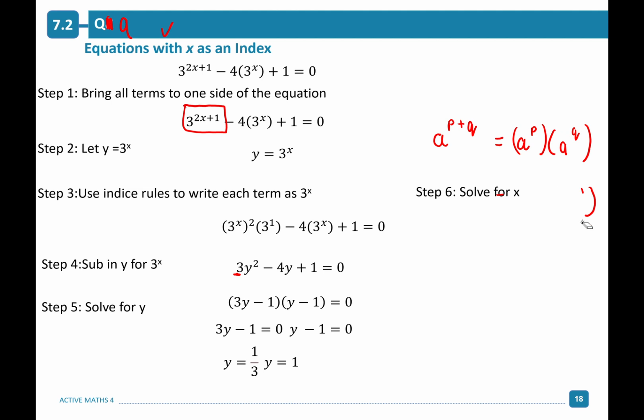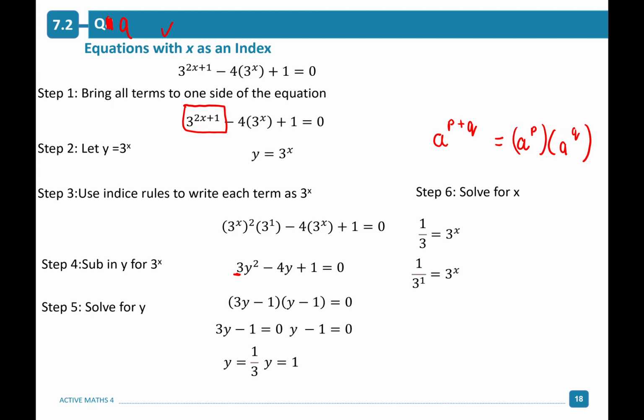So step 6, we must use our values of y to find x. y is equal to 3 to the power of x. So substituting in our values for y, we get 1 over 3 equals 3 to the power of x. To solve for x, we must have a common base. 1 over 3 is the same as 1 over 3 to the power of 1.